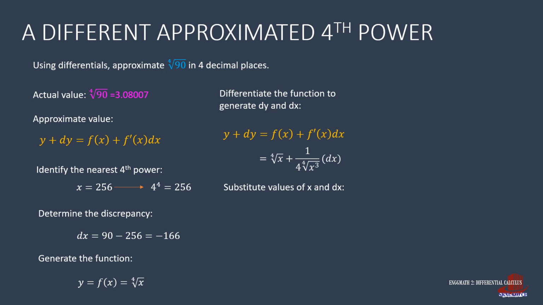Place values of x, which is 256, and dx of negative 166. This gives 4 minus 83 over 128, which results to 429 over 128, or that is 3.3516, an approximation which is still far from the actual value of 3.08007. So the key is to approximate the value nearest the premise.